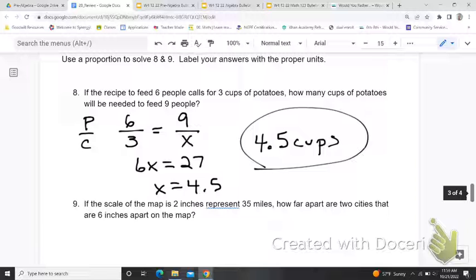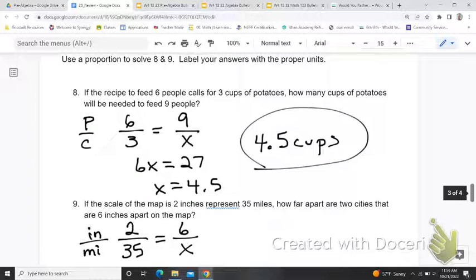In number 9, we have a map, and 2 inches on the map represents 35 miles. So 2 inches, 35 miles. So I'm putting inches on top and miles on the bottom. Nothing magical about that order, but I need to be consistent so that now when I see how far apart are 2 cities that are 6 inches apart, 6 is on top because it's inches.